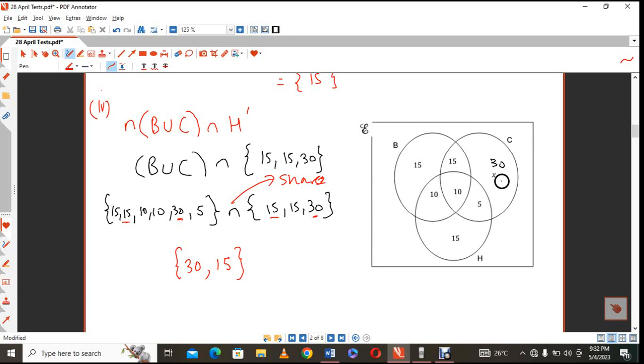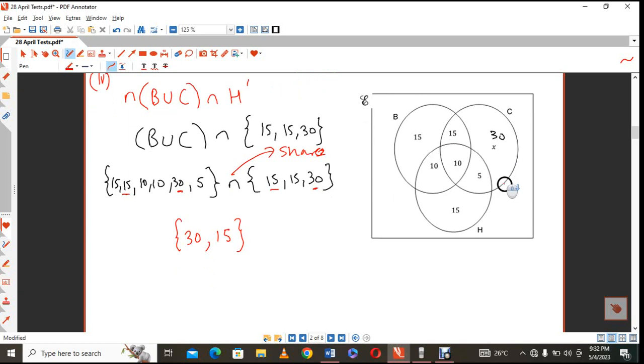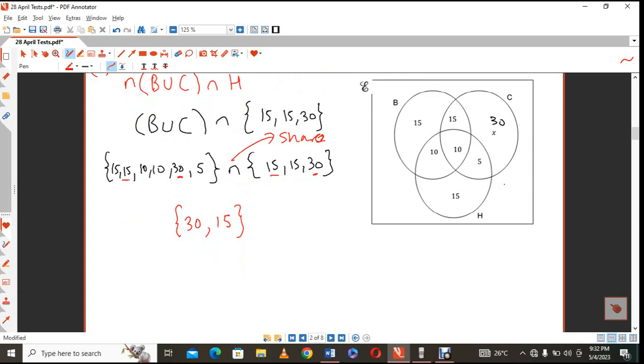That's B and C. So maybe just to rectify a bit, let's write down everything that is in B, because again, I just want to make sure you get what I'm doing here. So the elements of B would be 15, 15, and 10, and 10.